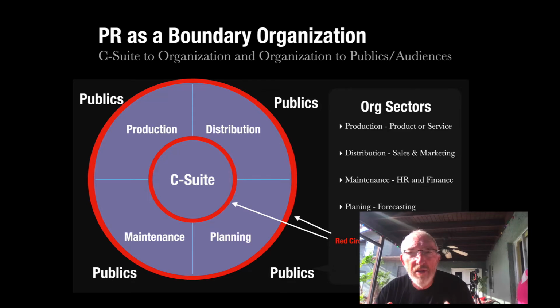A lot of times you'll see that represented as the boxology. You know, here's where the president is, here's each of the divisions, and then here are the people that work in those divisions. It's really not about making a pretty picture, a pretty design. It's more about accurately reflecting how the work is done within the organization.